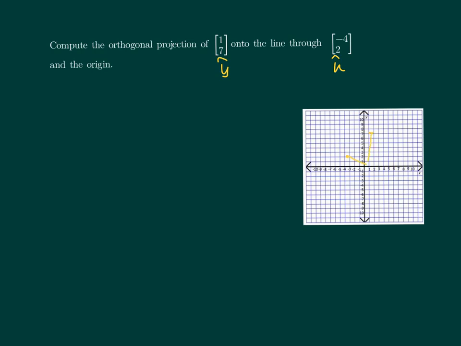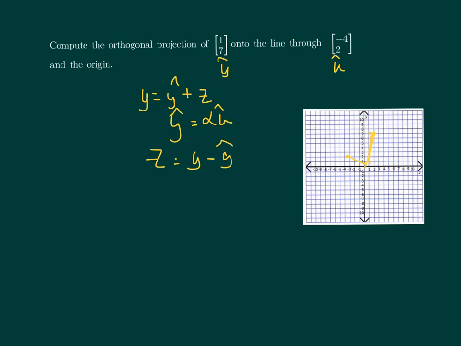So if we're doing an orthogonal projection of y onto u, we want to write y as y hat plus z, where y hat is a multiple of u. So y hat is going to be somewhere on u's line. And remember that our z is equal to y minus y hat.